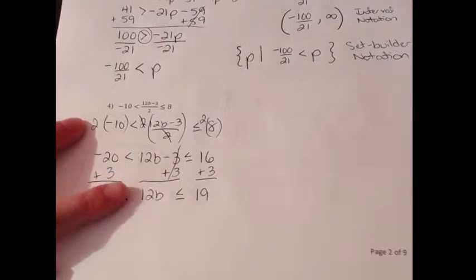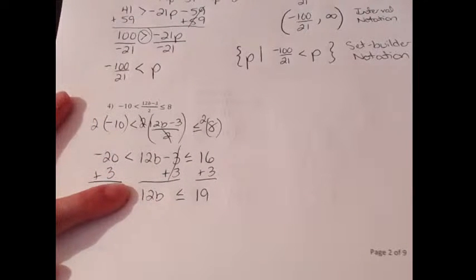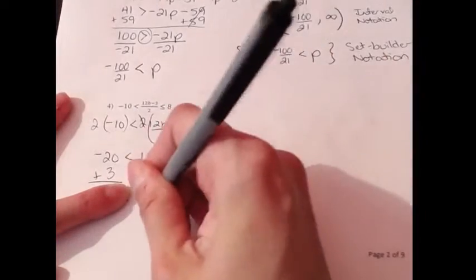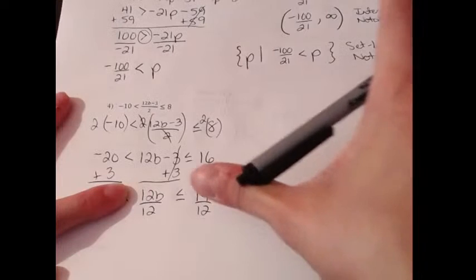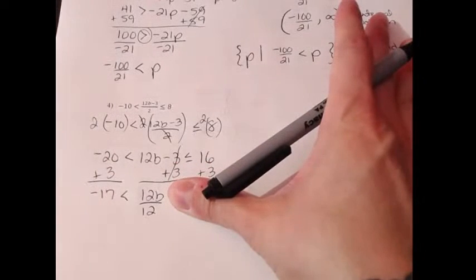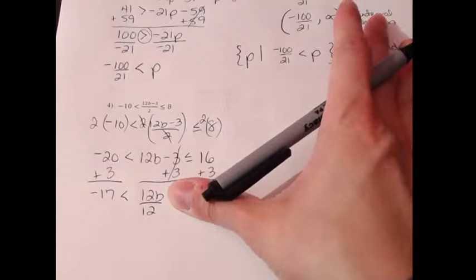So again, if I covered up this side of our compound inequality, you would say, all right, 12b is less than or equal to 19, which means if I want to solve for b, I must divide by 12 on both sides. And I could not agree more. If I cover up the right-hand side of this compound inequality, you would do the same thing.